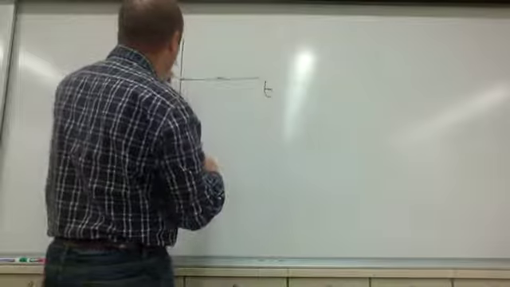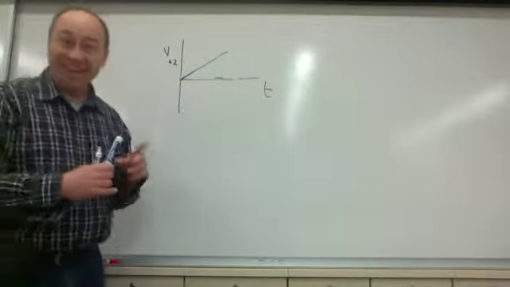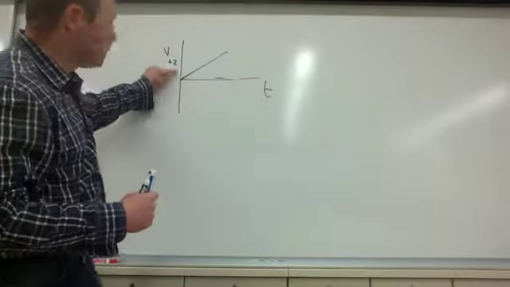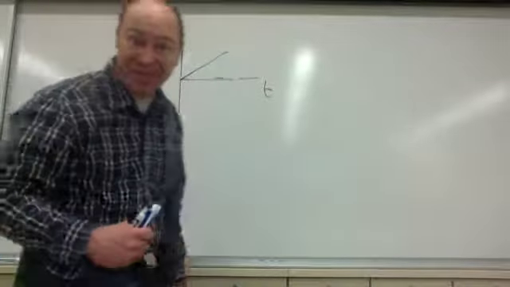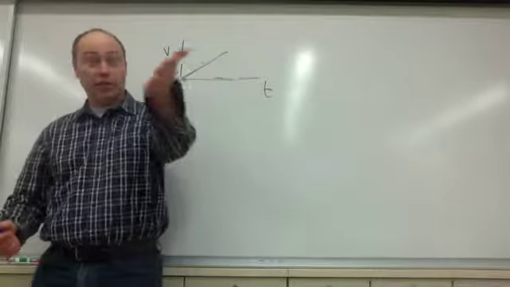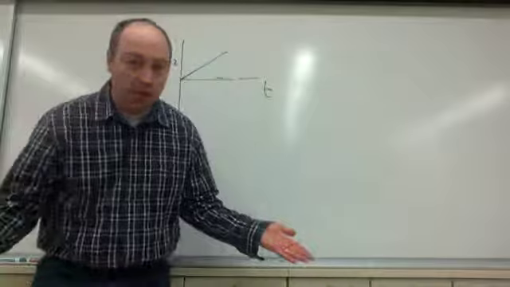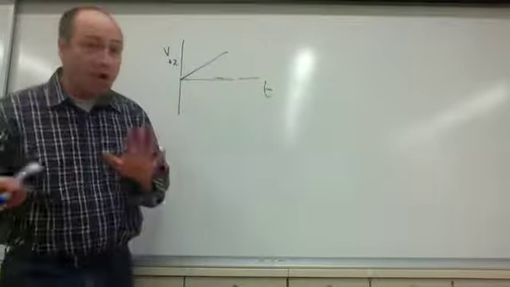If I had a graph that looked like this, let's think about the numbers. My number is 0, then 1 meter per second, 2 meters per second, 3 meters per second. If you're going 0 and then 1 and then 2 and then 3, you're speeding up, of course. So again, it's not a memorized thing.